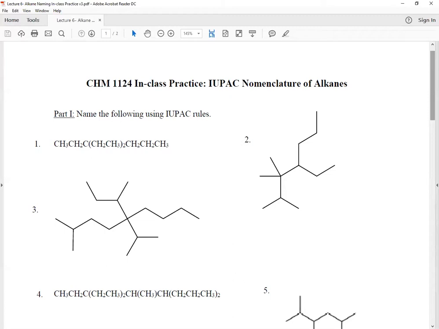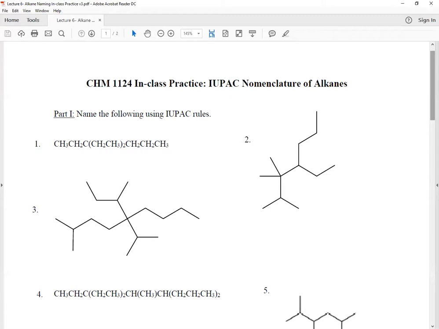So now we just need to put these in alphabetical order. Methyl versus methylpropyl versus methylethyl. Methyl comes first, right? So we would name this 2-methyl, and then methylethyl comes before methylpropyl.